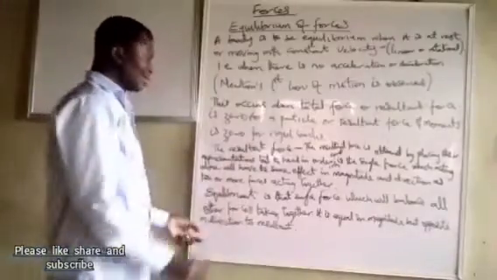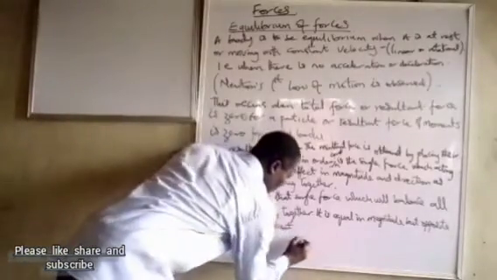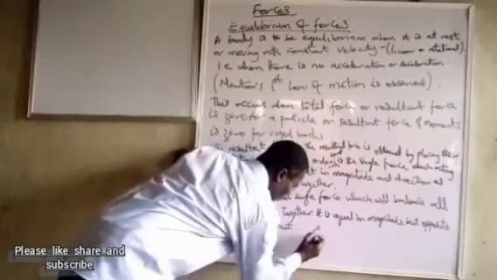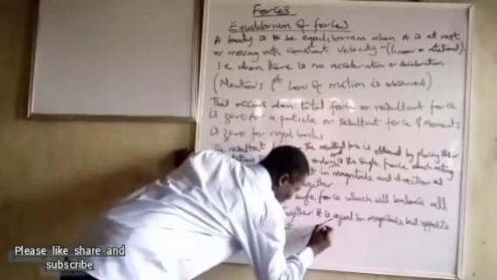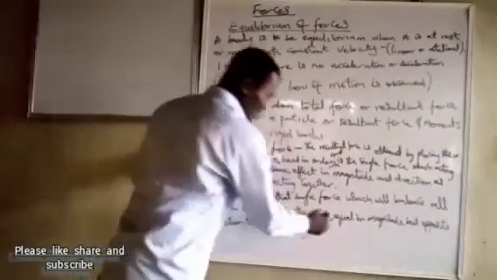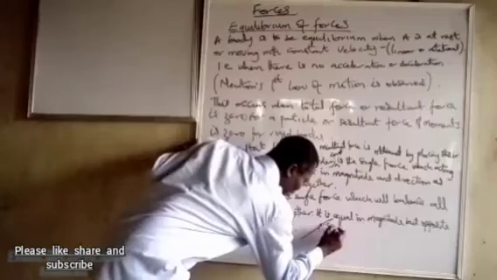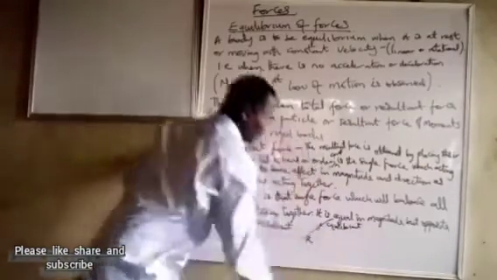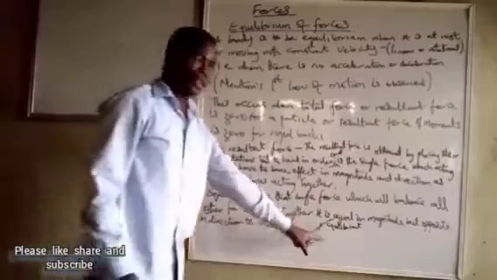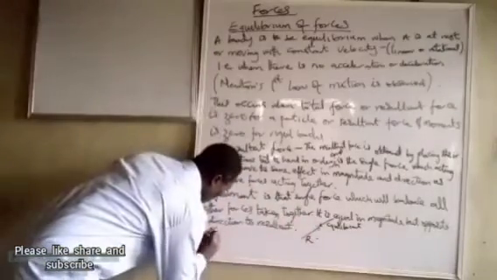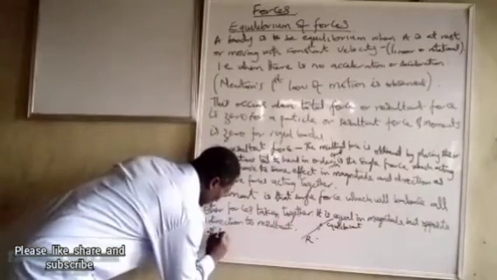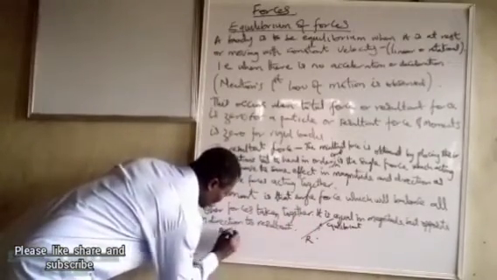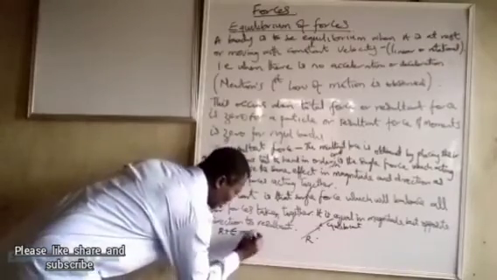So if you look at it, if resultant is like this, and another force can come and nullify it, we call this one equilibriant, and this one resultant. So at the end of the day, summation of resultant plus equilibriant will give us 0.